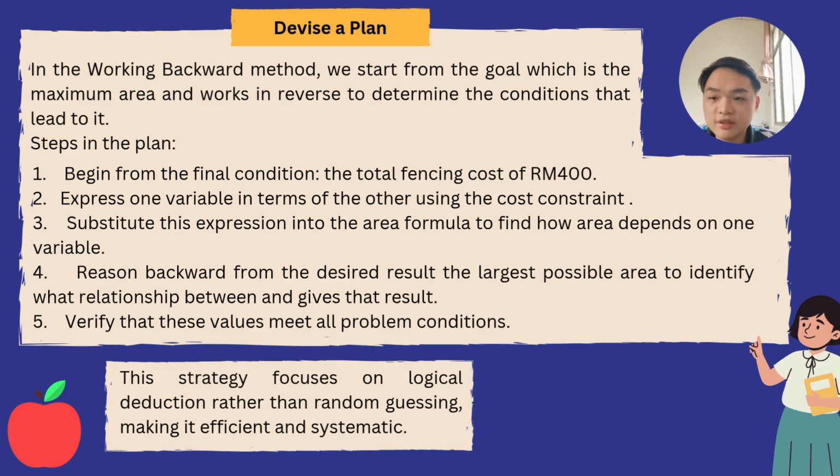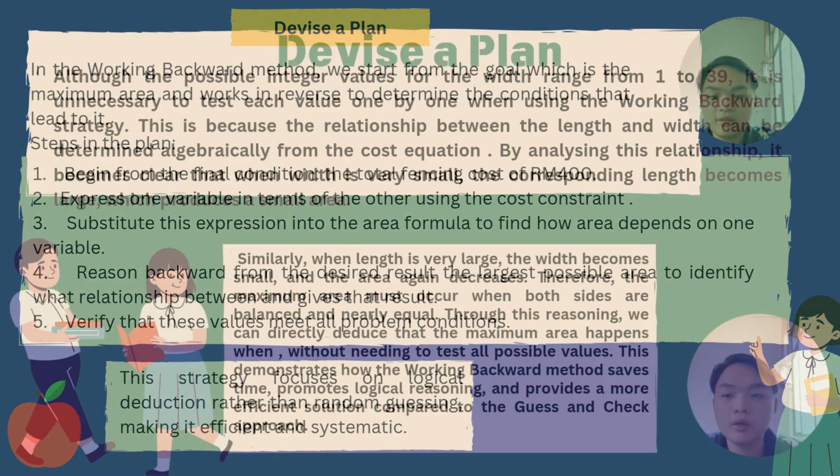And 4 is reason backward from the desired result, the largest possible area, to identify what relationship between L and W gives that result. 5 is verify that this value meets all the problem conditions. This strategy focuses on logical deduction rather than random guessing, making it efficient and systematic.